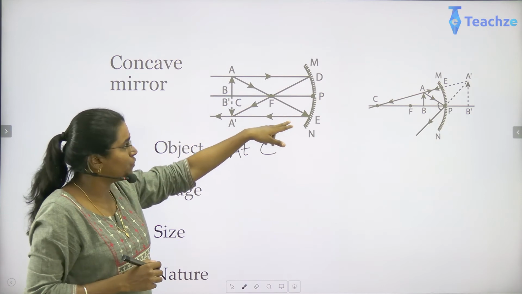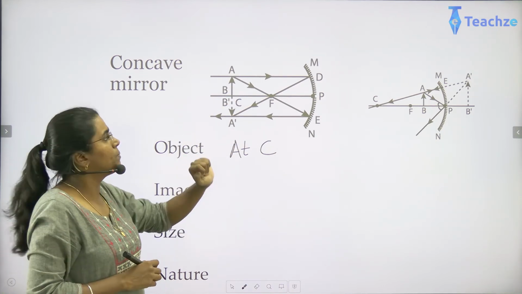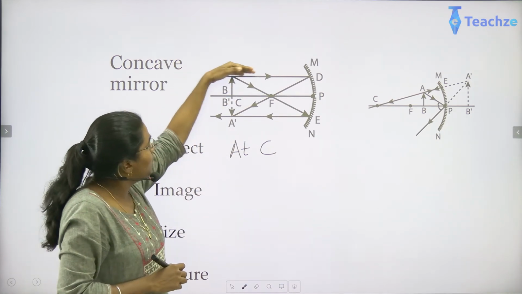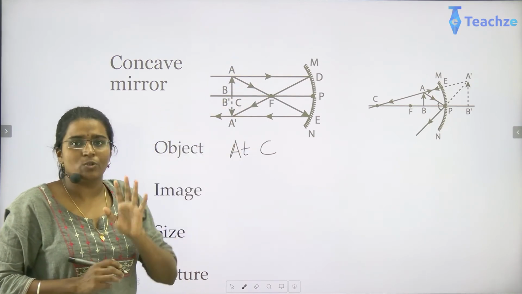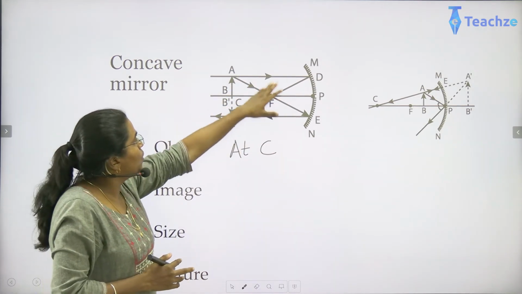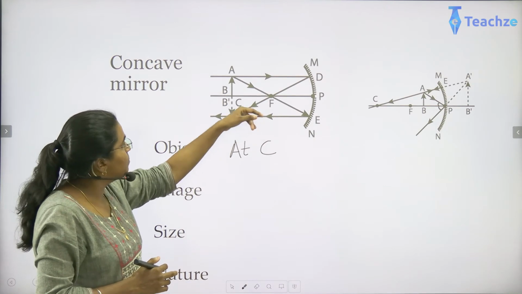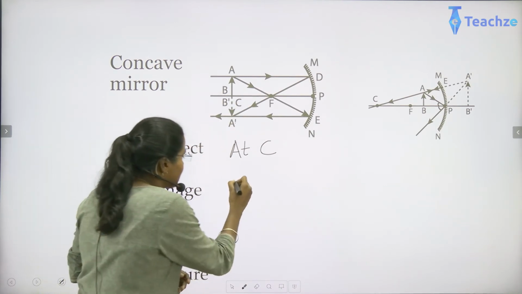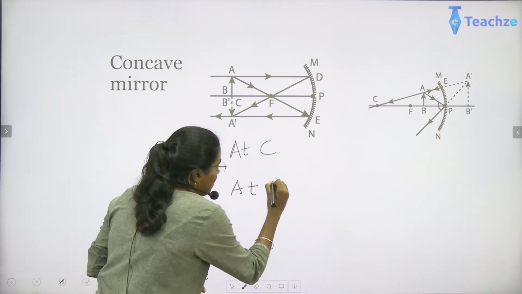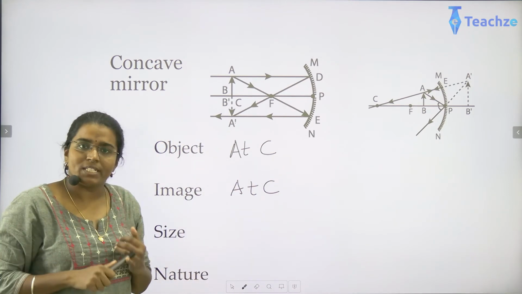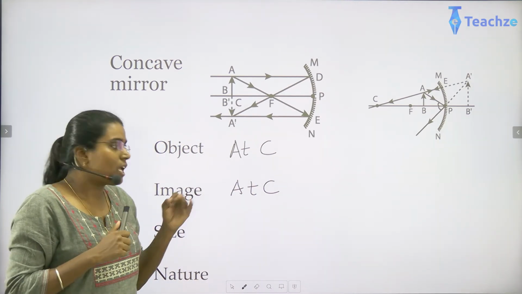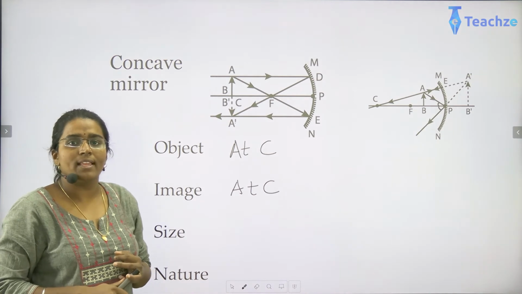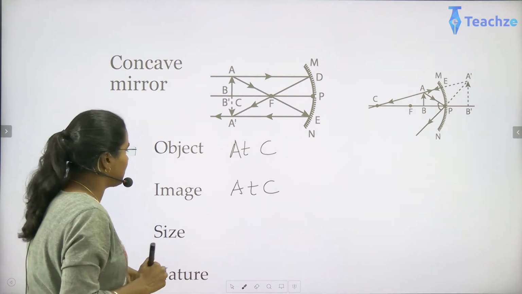When it is through the focus, it will be parallel to the principal axis, and when it is parallel to the principal axis, it will go through the focus. So when both these lines after reflection meet again at C, when you keep the object at the center of curvature, the image will also be at the center of curvature itself.